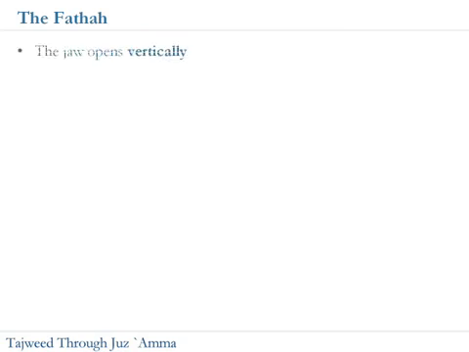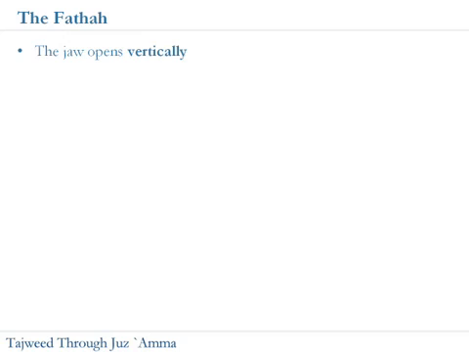So now we're going to look at the fatha. With the fatha, the jaw movement must be vertical, and this is very important, because sometimes in the English language, depending on what sort of dialect of English you speak, it differs.